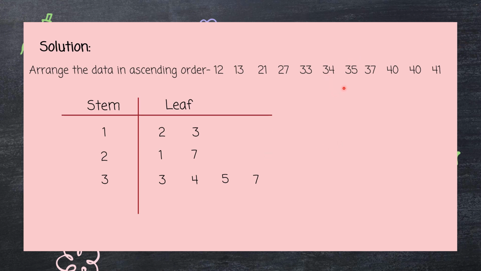There are two scores of 40, so we have to write 40 two times. And the last step is to include a key to explain the meaning of the entry. So 3 as the stem and 4 as the leaf means the data is 34.